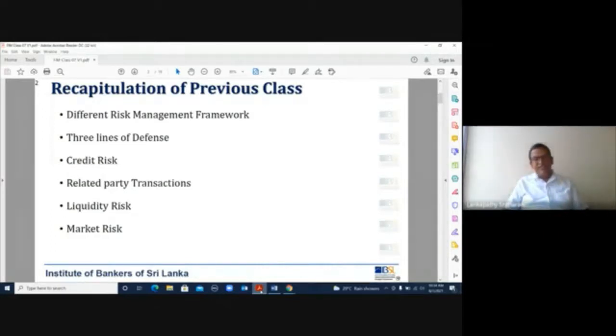Then we studied liquidity risk and ALCO. Finally we discussed the different types of market risk: currency risk, interest rate risk, price risk, and commodity price risk. Today is the latter part of this risk management section.